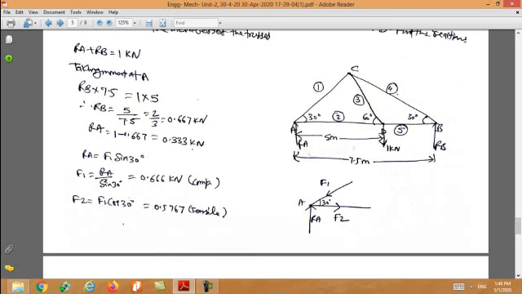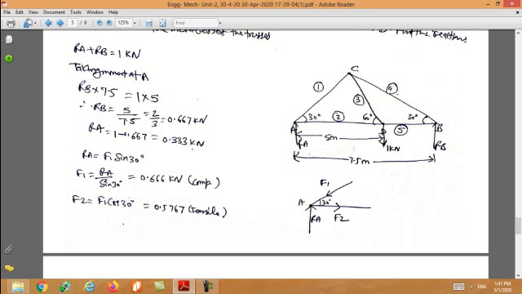So once again you will take each joint one by one. First, take joint A. You can see three members are connecting here. First is F1 and second is F2, and this angle is 30. So F1 can be resolved into sin 60 and cos 60, horizontal and vertical directions. Okay, so Ra is equal to F1 sin 30.